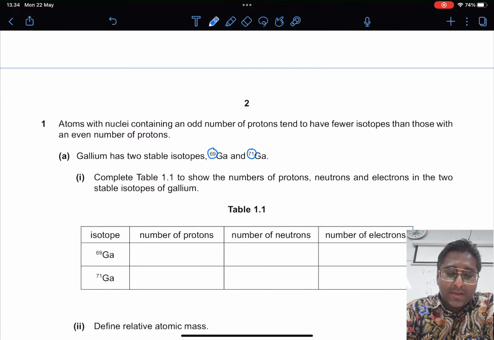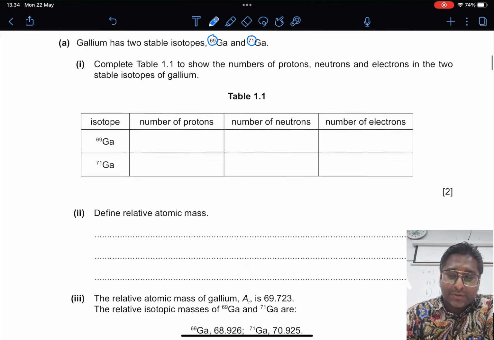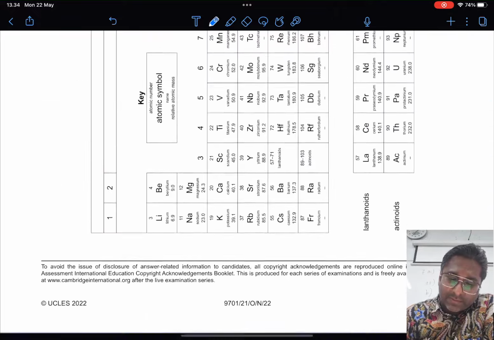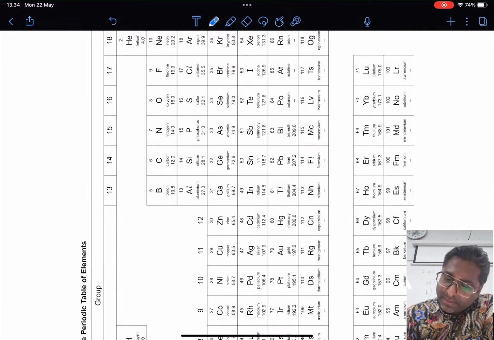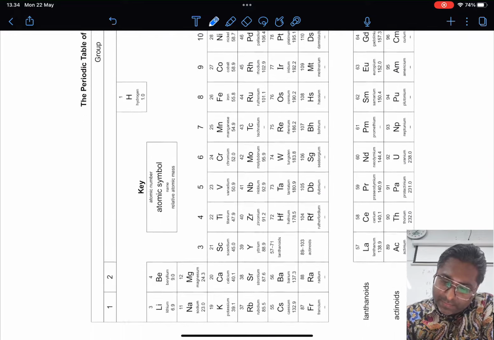If you look at gallium-69, for the number of protons we can refer to our periodic table. Let's look for gallium, Ga.